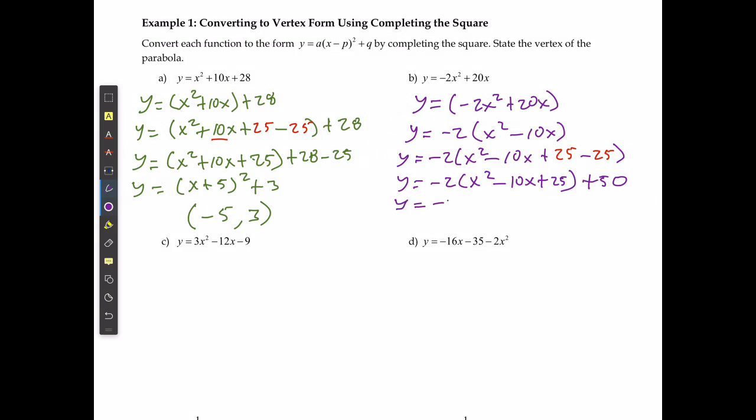The square root of the brackets is going to be, because the middle term is negative, x minus 5 squared plus 50. And in this case, my vertex occurs at the point of 5 and 50.